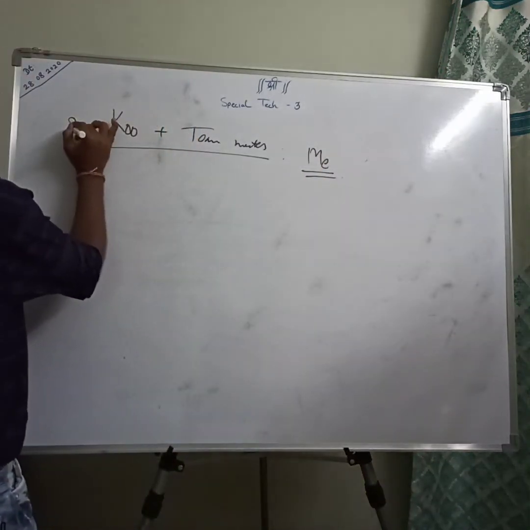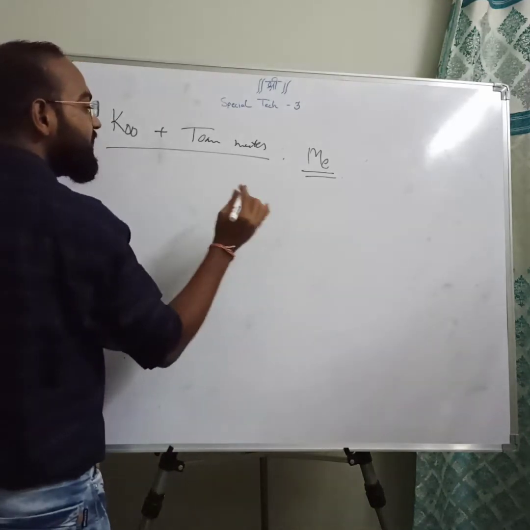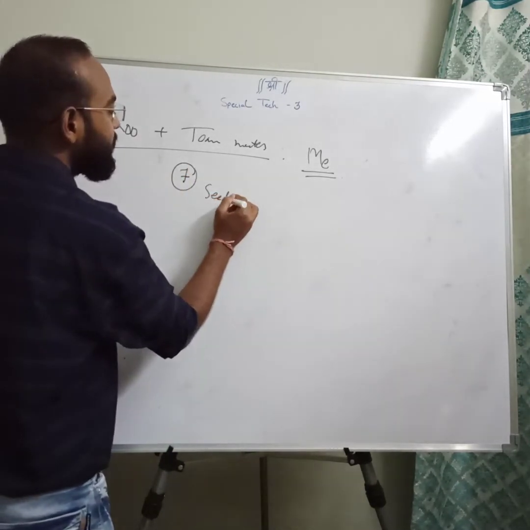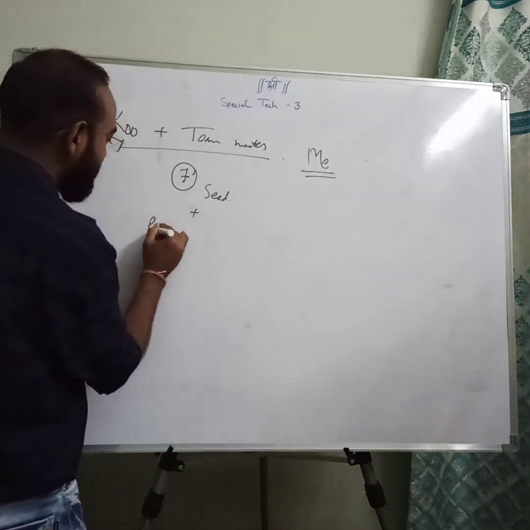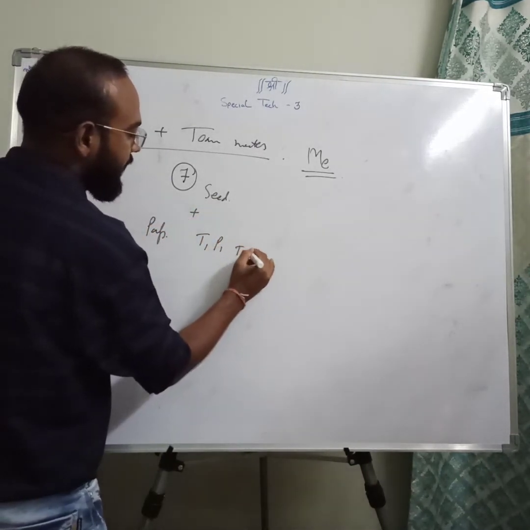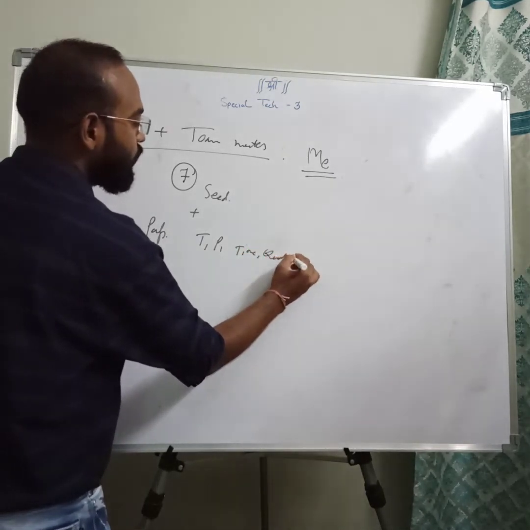They mainly focused on various types of seeds. They worked on 7 different types of oil seeds, and focused on parameters like temperature, pressure, time of extraction, and quantity of oil extracted.